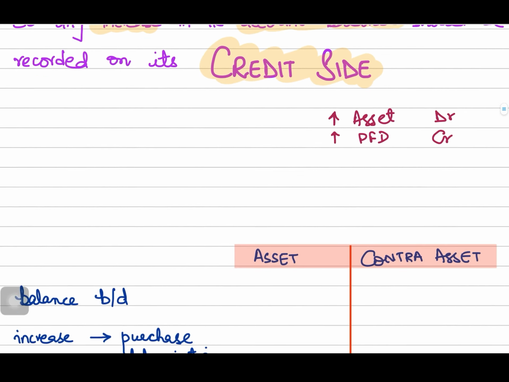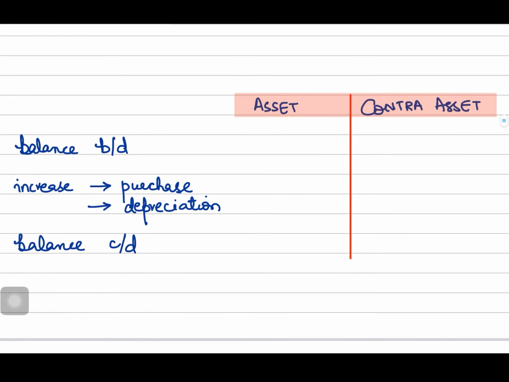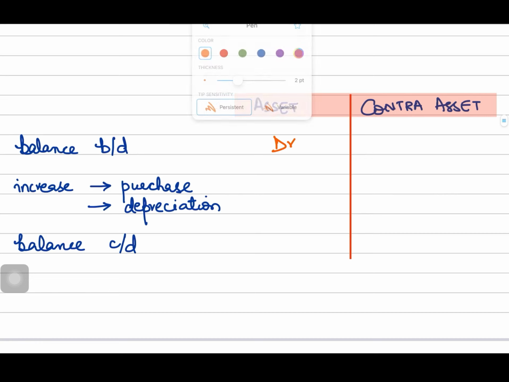Let us just do an activity so that you get a very good understanding of how an asset and a contra asset account work. So, first of all, we know that balance brought down on any asset is written on the debit side. But if we have the balance brought down for a contra asset, that will be written on its credit side, right, contra, the opposite account.